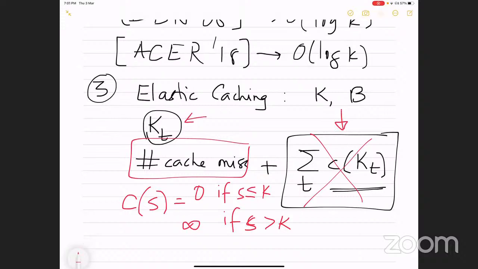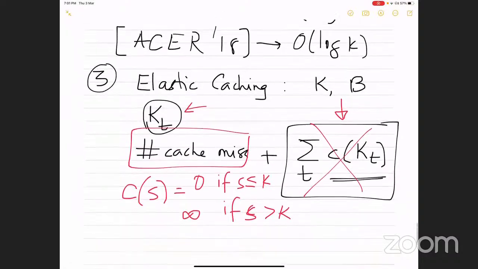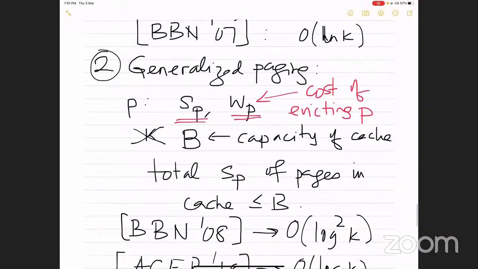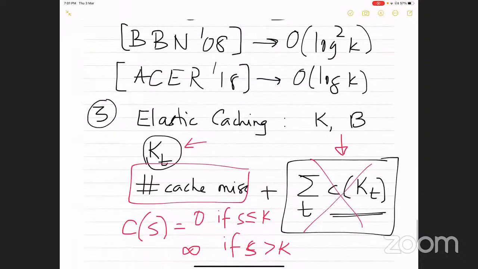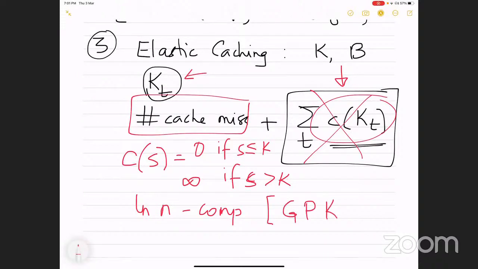For this problem, in the most general generalized paging sense, we showed that you can get a log n competitive algorithm for general cost functions. This was joint work with Anupam Gupta, Amalya Panigrahi, Ravishankar Krishnaswamy, and myself.